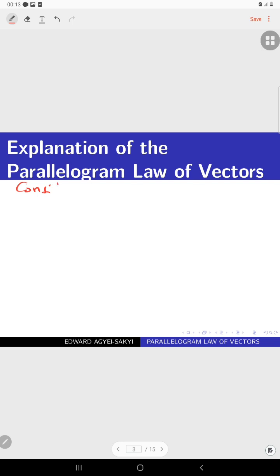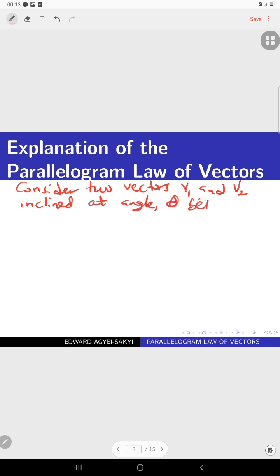Let's consider two vectors, V1 and V2, inclined at angle theta between them, where theta is less than 90 degrees.